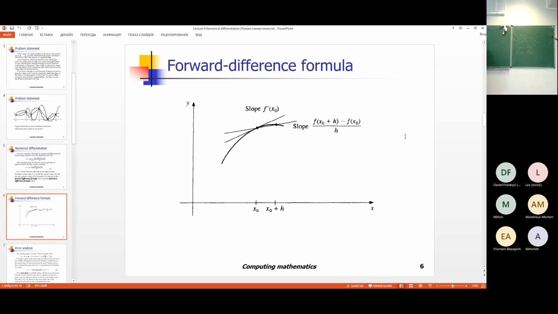f of x is x power 3, so 1.1 power 3. Please find this value. 1.1 is the value of x0 plus h, but we discussed f of x0 plus h.